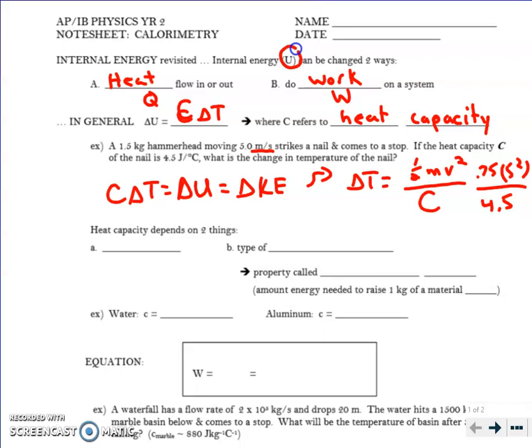It's going to be a small temperature change. Actually, it's not as small as I thought. I've got a 4-degree change. I think I did that correctly. So that's 4 degrees Celsius, because our heat capacity is joules per degree Celsius. So you get a significant change, and if you ever pounded something and you feel the hammerhead or the nail after, you can definitely tell there's a temperature change there.